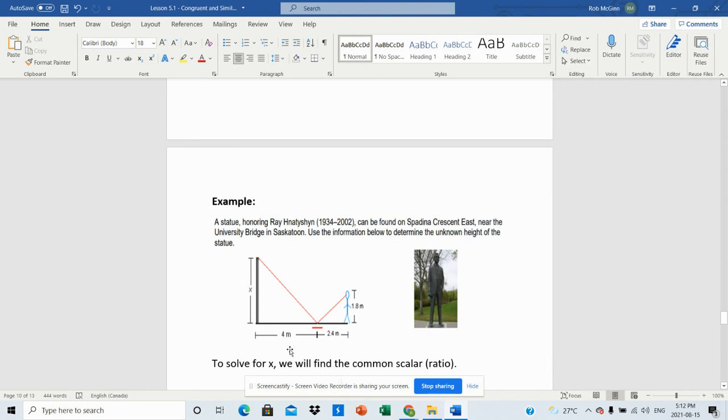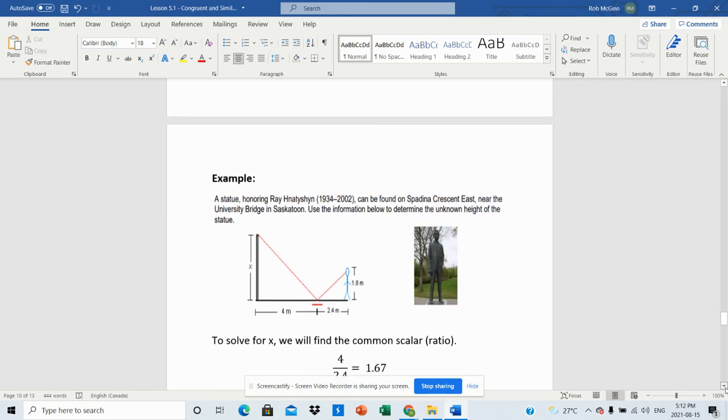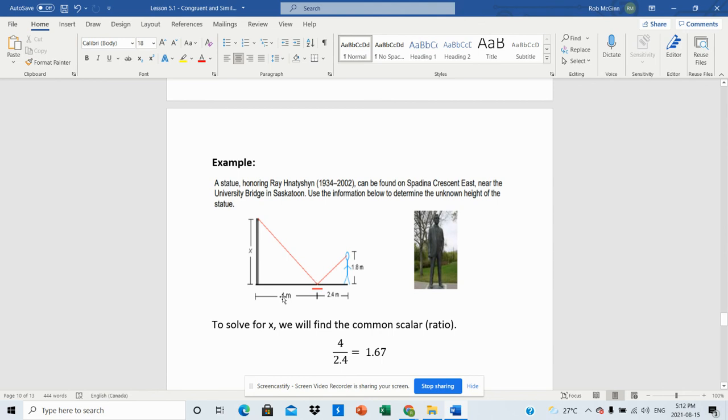So we're going to use our common scalar here. We know that 4 divided by 2.4 will give us our common scalar here. And then once we have our common scalar, we're just going to multiply 1.8 by our common scalar, and that's going to give us the height of the statue.